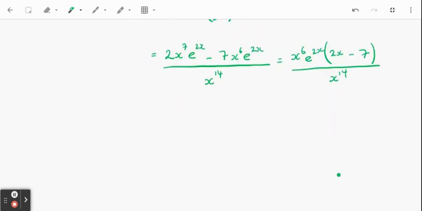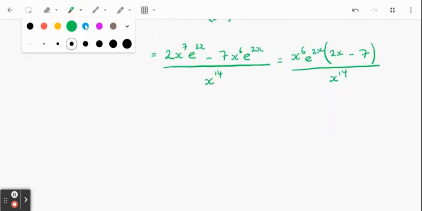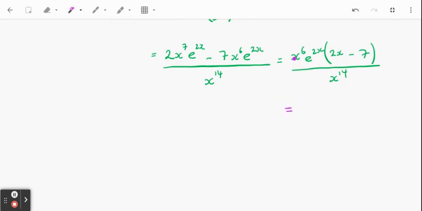But we can also do x to the power of 6 divided by x to the power of 14, giving us e to the power of 2x multiplied by 2x minus 7, all divided by x to the power of 8.